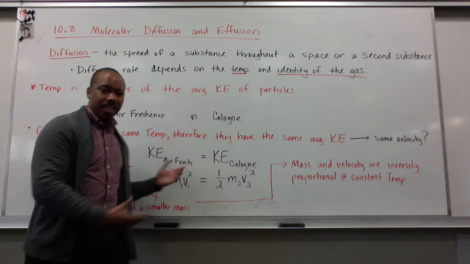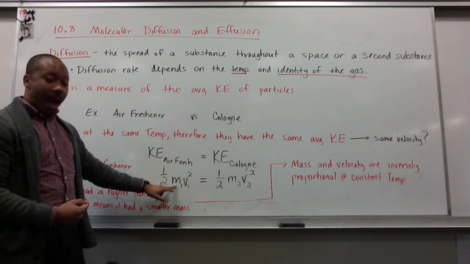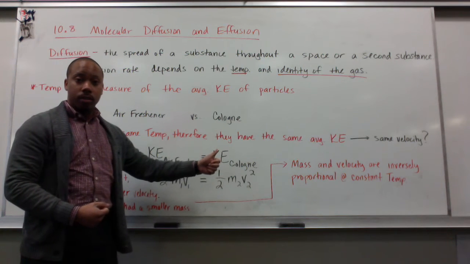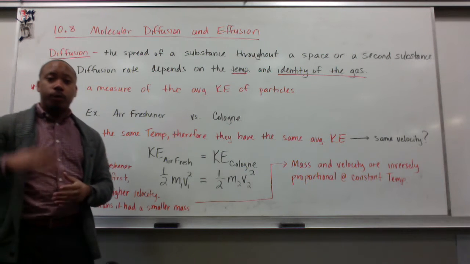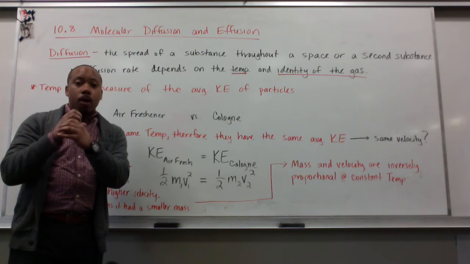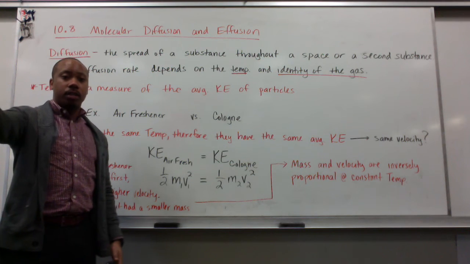Okay, but that doesn't give me equalness on each side. That must mean that this mass had to be smaller, and this mass was larger, meaning the air freshener reached you first in the back of the room because those gas particles had a smaller mass. With a smaller mass, they can have a faster velocity and get to you.